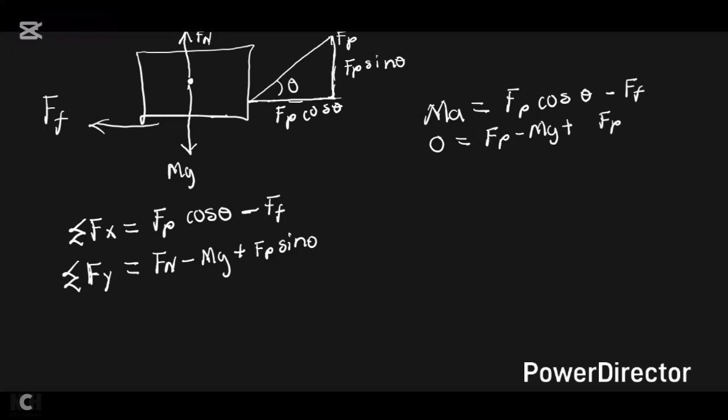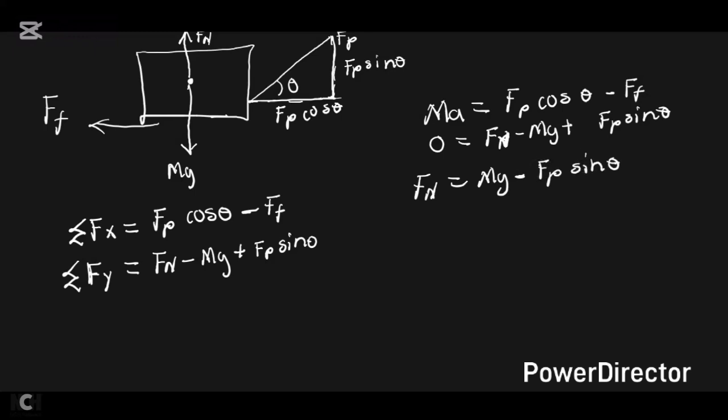Sorry, this is supposed to be the normal force. If they ask you to calculate the normal force, what are you supposed to do? You just make Fn the subject of the formula. When mg goes to the other side, it becomes positive, so it will be positive mg. But when FP sine theta goes to the other side, it becomes negative, so it will be negative FP sine theta.